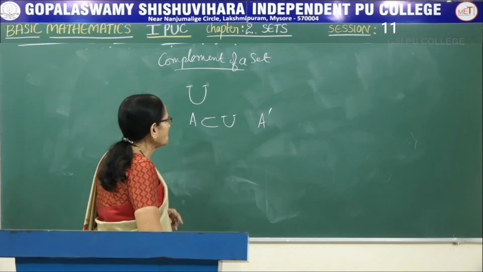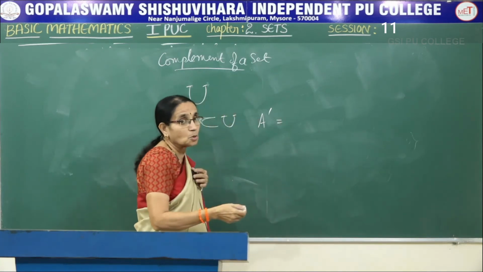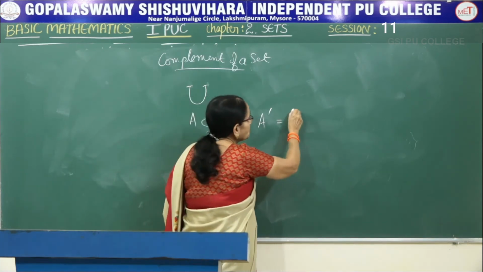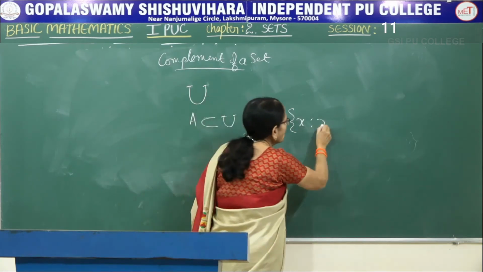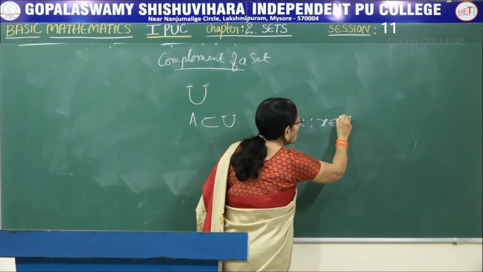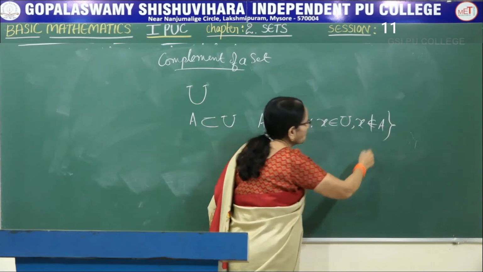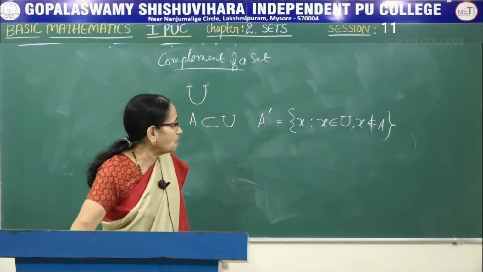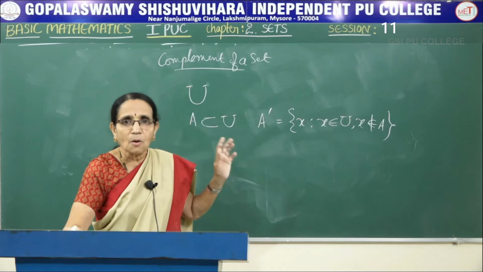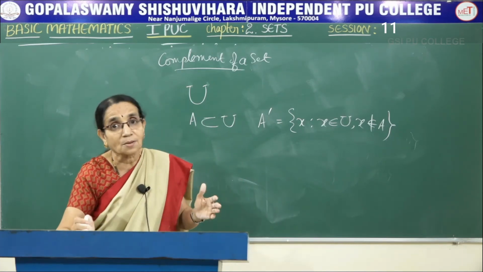So how do you write this using the set builder form? It contains all x such that x belongs to U and x does not belong to A. So the set A dash contains all the elements of U which do not belong to the set A, that is, outside the set A.